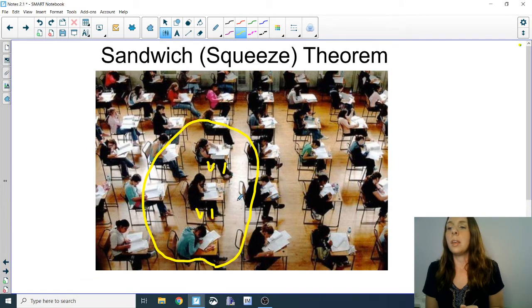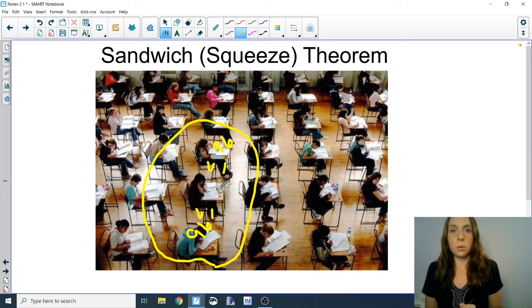Now, let's say they're taking a test right now. They get it back, and this student scored a 96. The student who typically scores the highest also scored a 96. So what does that say about the student in the middle?